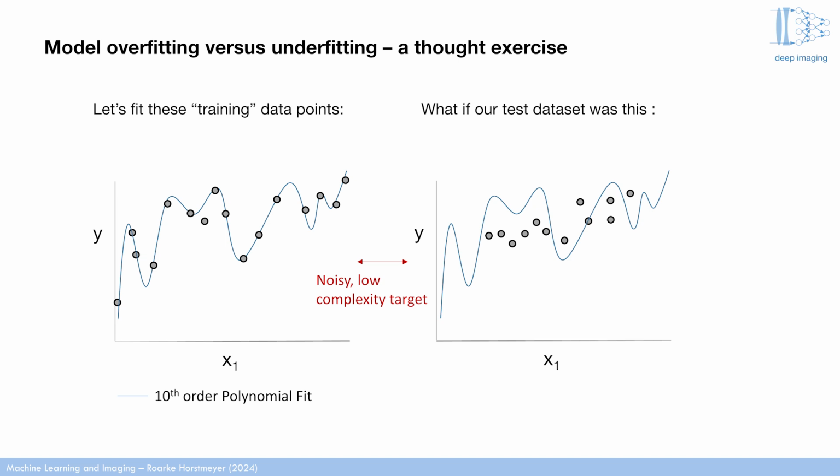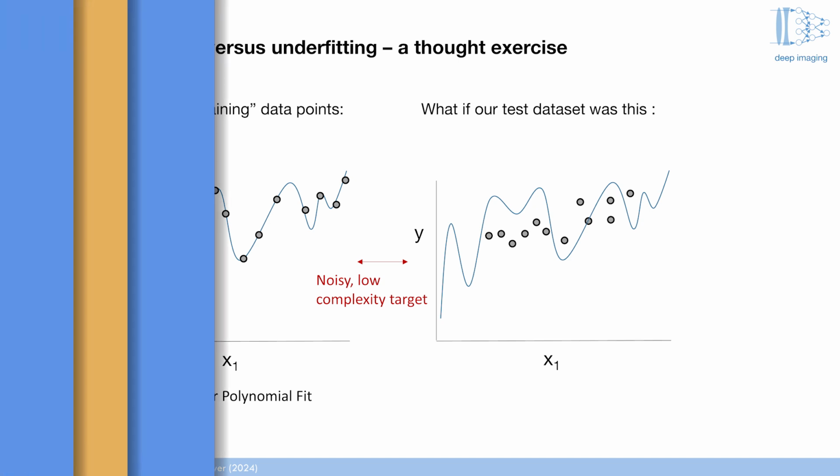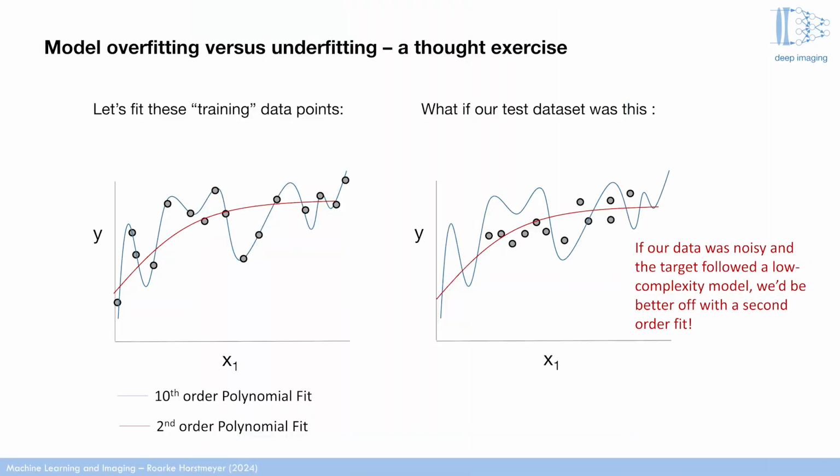So the complexity of your model does depend on how much data you have for your training process. That's generally not a concern anymore because with modern machine learning, we typically have thousands and thousands of examples. But if you don't, then you should think about that and say, hey, maybe I need to use a simpler model to start. And by simpler model, I simply mean a second order polynomial, right?